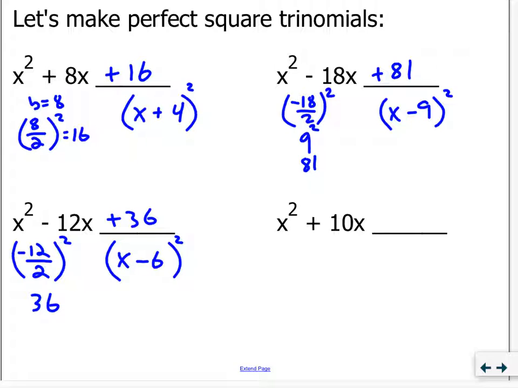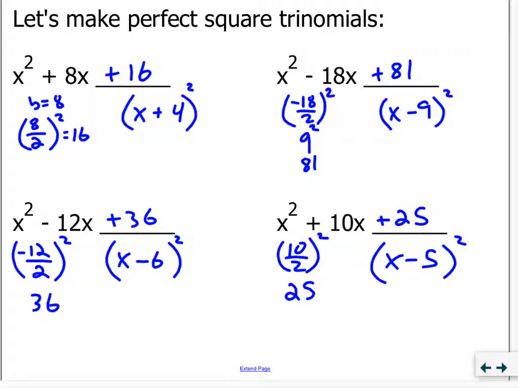Let's do one more. Can you try this bottom right one? So I take my 10, I divide it by 2, I square it. 10 divided by 2 is 5. 5 squared is 25. There's my perfect square number. Let's write it in parentheses now. It's the square of x minus 5.